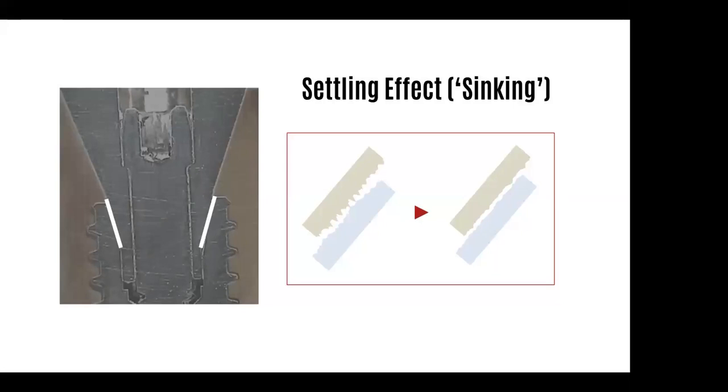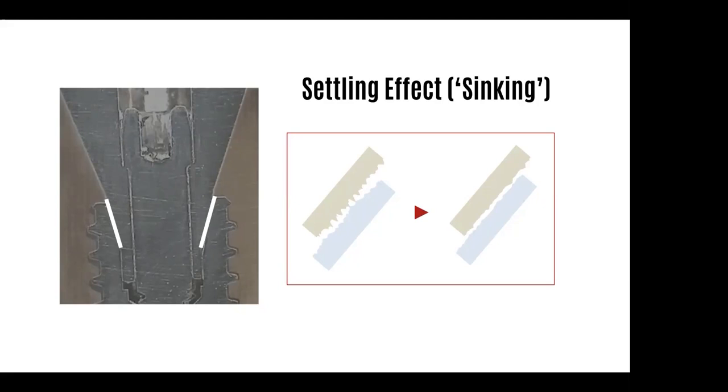But with internal connection, there's a very unique thing called settling, or some people call it sinking, because any polished metal surface has some micro roughness at the sloping interface, which can be found in most internal connections these days.